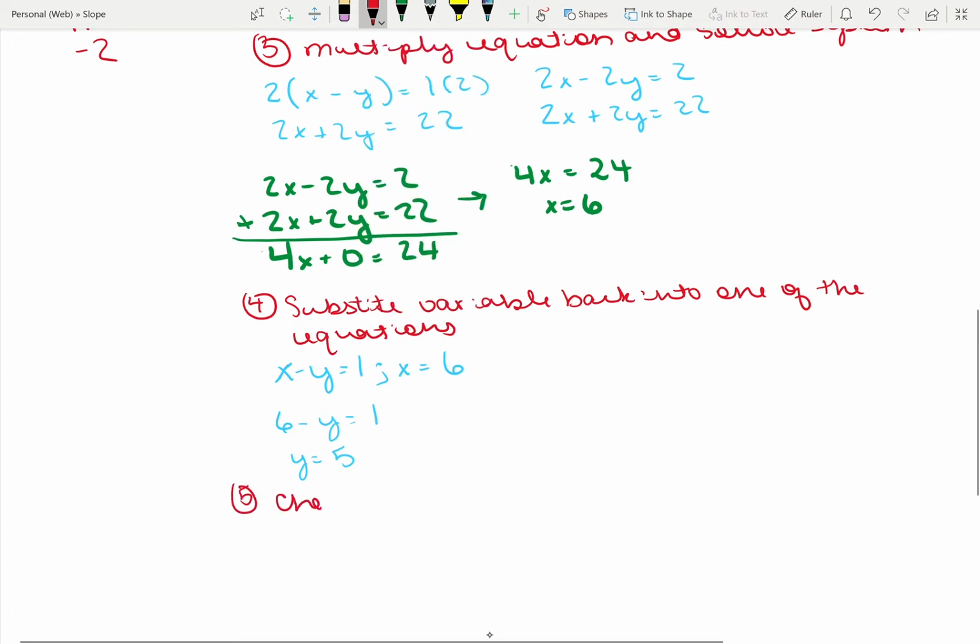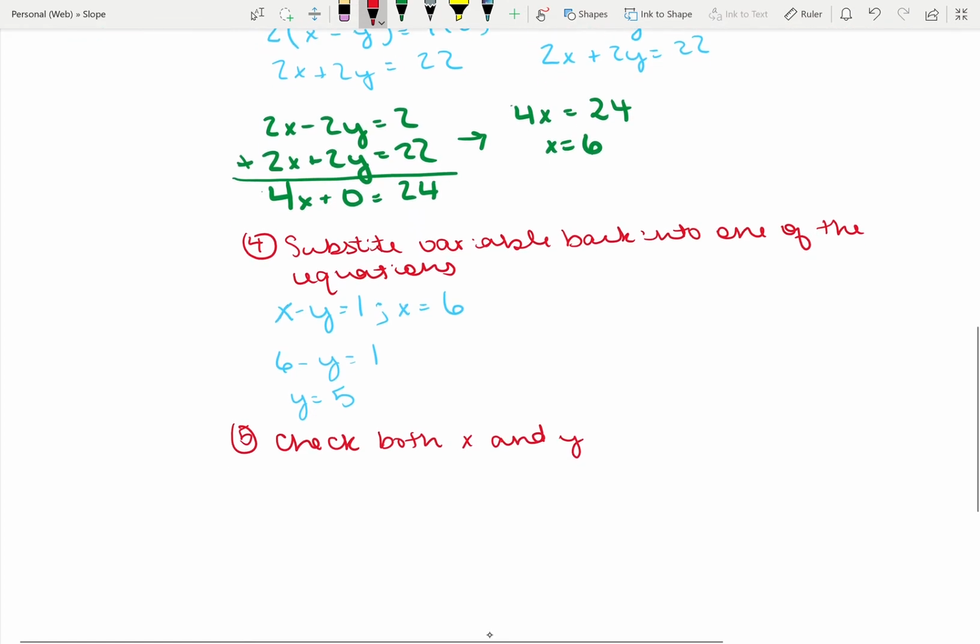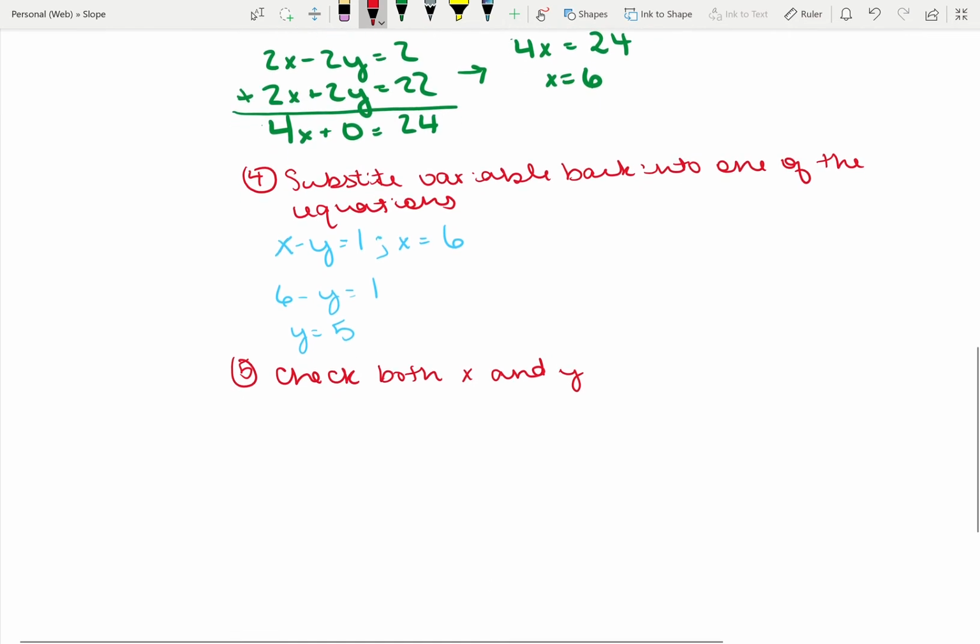So let's check. Let's scroll up more. Check both x and y. So we would take x and y, which is 6, 5, and plug those back into both equations to check.